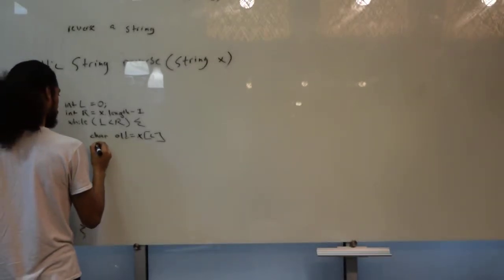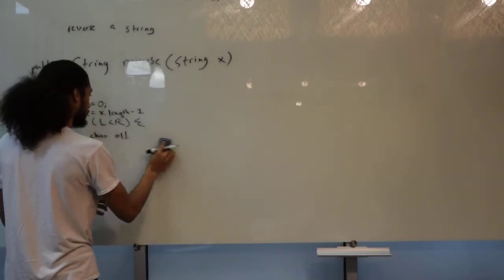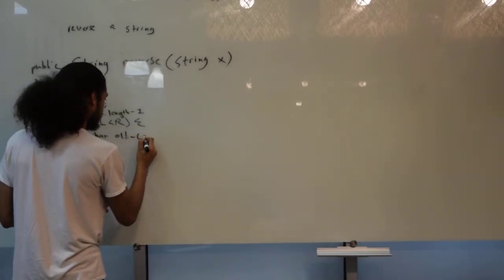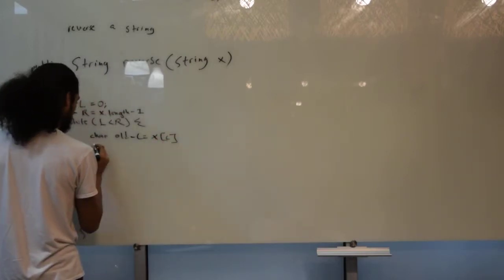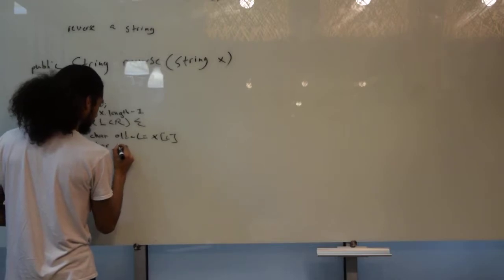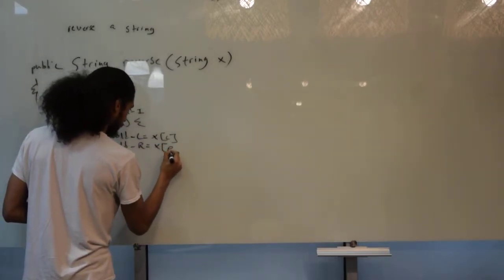So if you index something in a string, like x of 0, you get the character at that index. So if I said hello, that's H, E, L, L, O. If you say x is equal to hello, x of 0 is equal to H.